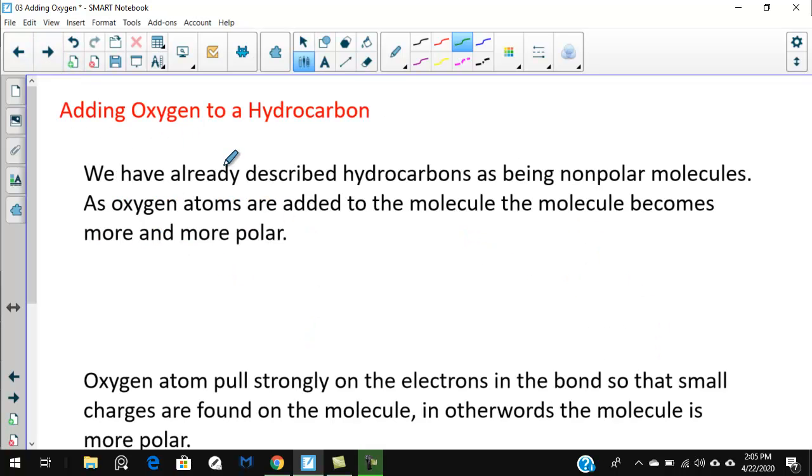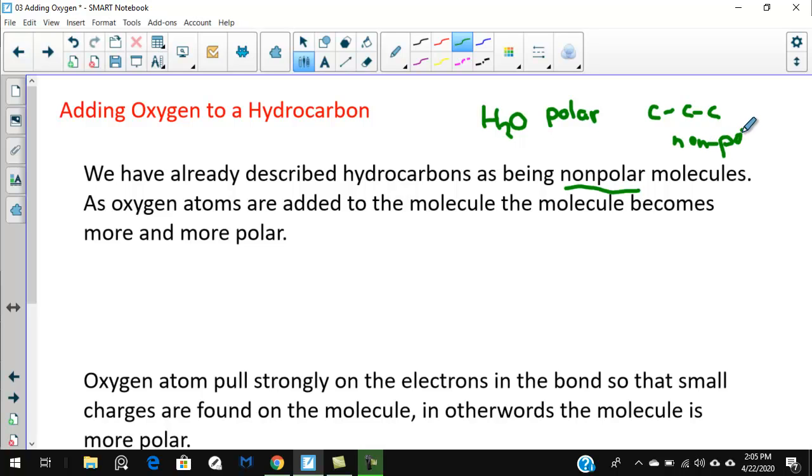Now, adding oxygen to a hydrocarbon, as we've already discussed, hydrocarbons are non-polar, meaning they don't tend to mix with water. Remember, water is polar, H2O. It has that oxygen in it that makes it a very polar molecule. And hydrocarbons, which are just chains of C's and H's, are very non-polar molecules, so they don't mix.